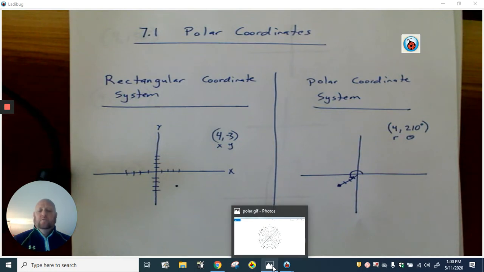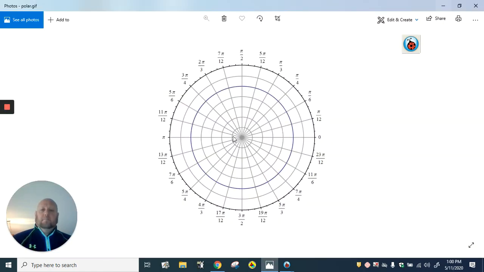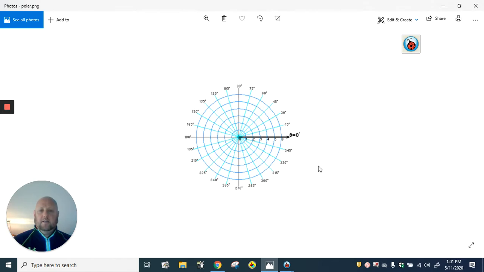Kind of to show you what graph paper really looks like, if we were in class, I would actually hand you paper that looks like this. If we wanted to plot that same point (4, 210°), we would go to a 210-degree angle. I realize this is in degrees, so maybe instead I give you one that looks like this one, right?